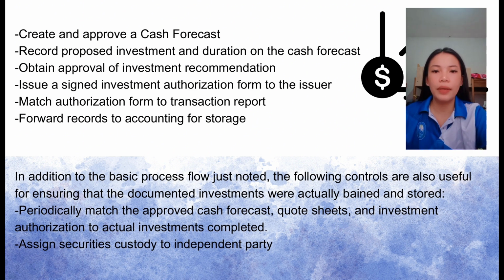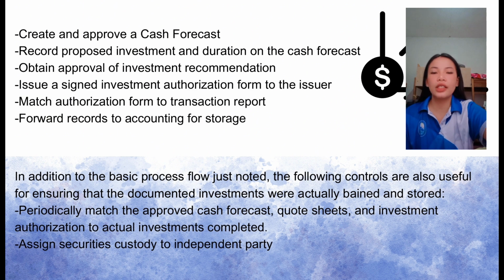In addition to the basic process flow just noted, the following controls are also useful for ensuring that the documents invested were actually obtained and stored. Periodically match the approved cash forecast, quote sheets, and investment authorization to actual investment completed. Dito naman is, importante na regular na chine-check kung yung pera na ininvest ay match pa dun sa pinagplanuhan at kung ano yung na-approve.